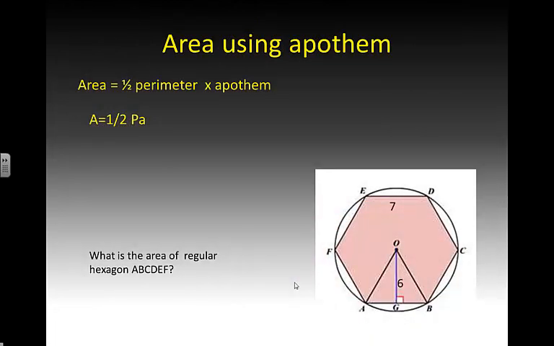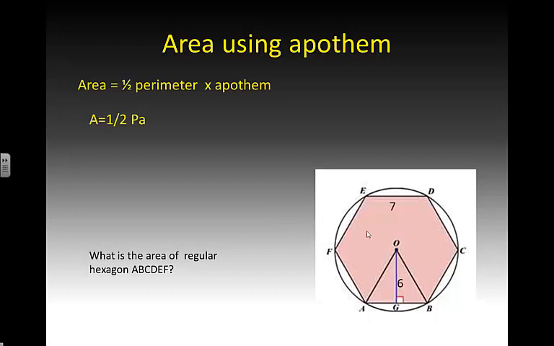Now the area using the apothem is 1/2 the perimeter times the apothem, and that gives us the area of the polygon. In this case, we're going to use a hexagon. Notice 6 sides, 1, 2, 3, 4, 5, 6. So to do this, I have to do 1/2 the perimeter times the apothem.